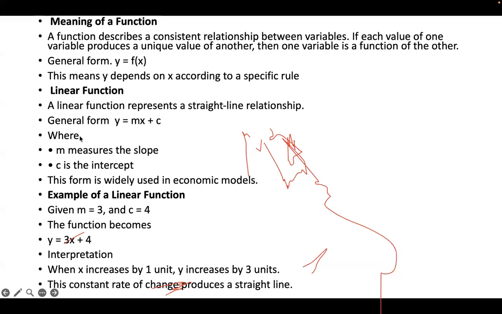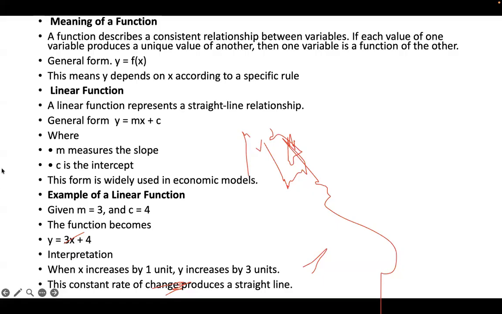I just want you to appreciate how, when we say linear function, it means that it represents a straight line relationship.